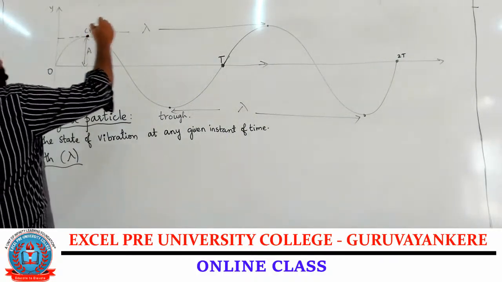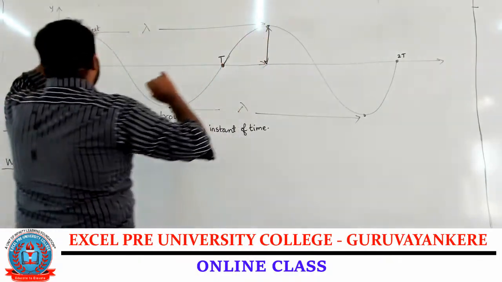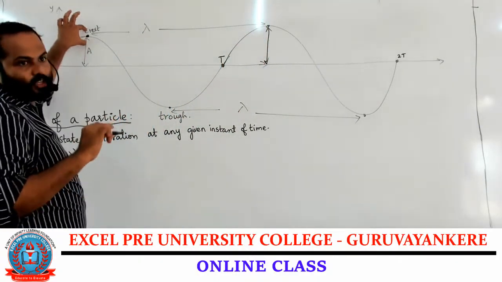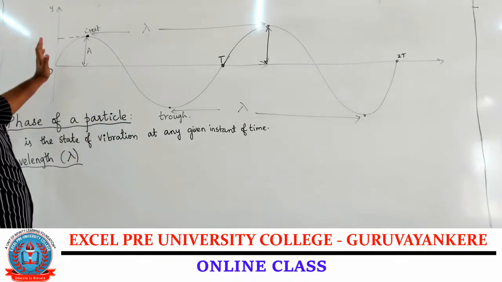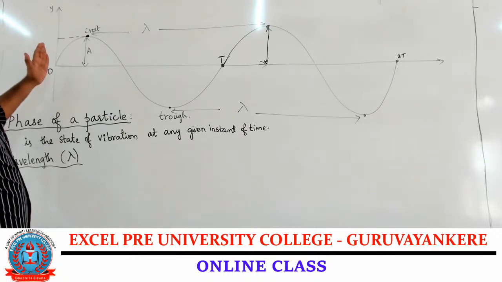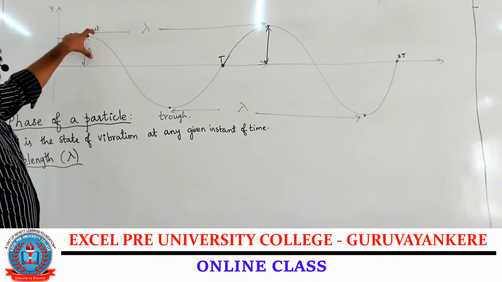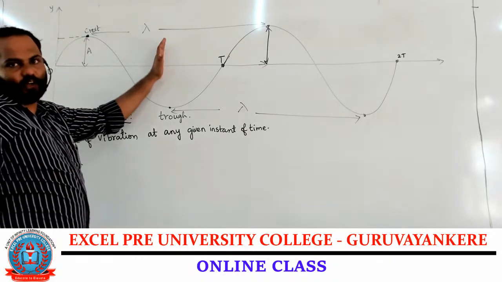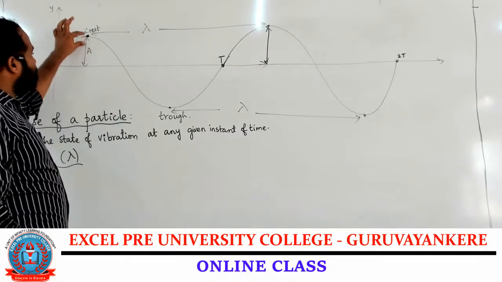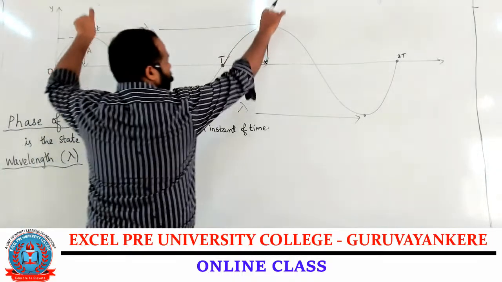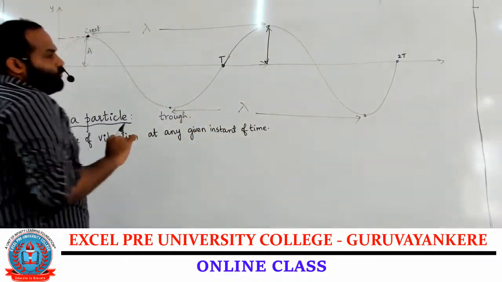At the crest, the vibrating particles are of the same phase, correct? This is where the highest vibration is seen. For a medium, for an object vibrating about its own localized point, the energy is transferred, of course. Particles are not transferred. So both are vibrating in the same phase.